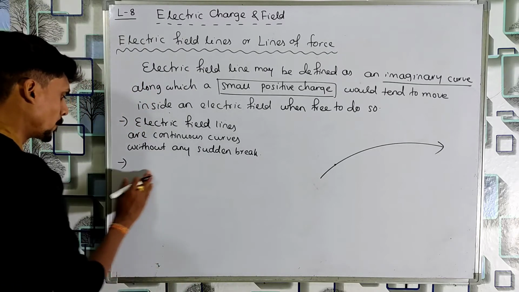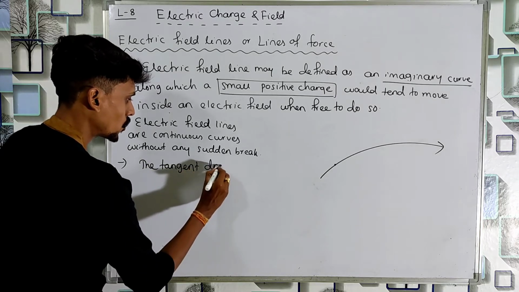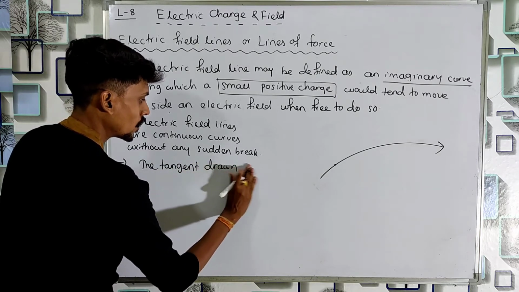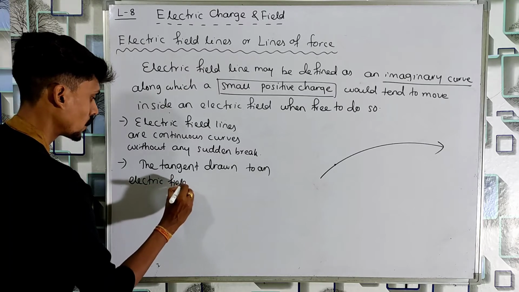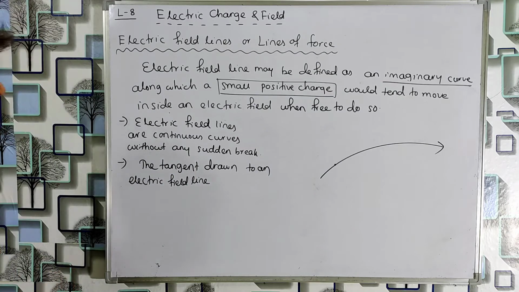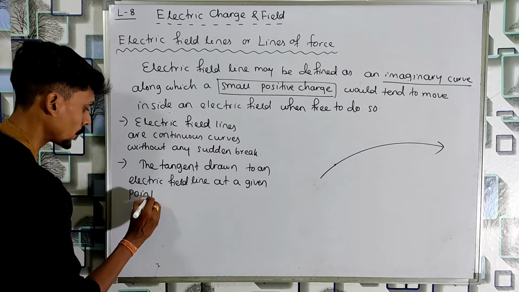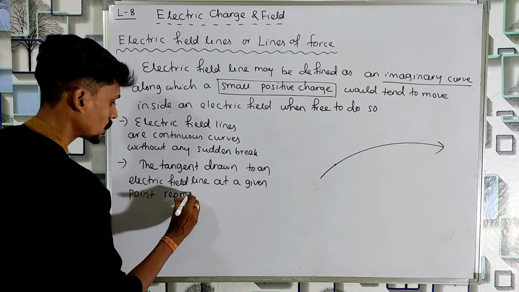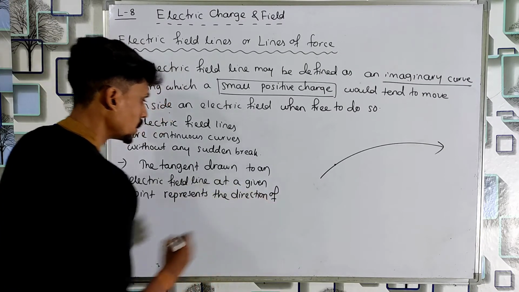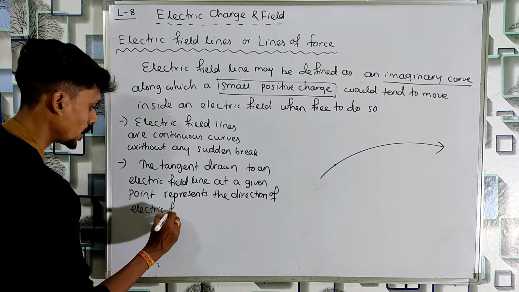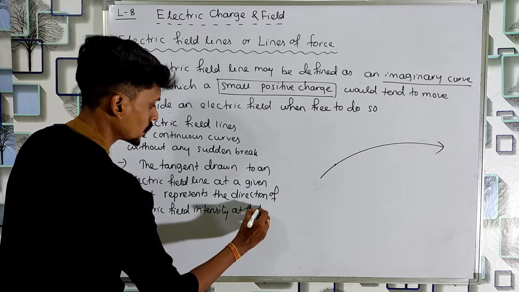So the point is, the tangent drawn to an electric field line at a given point represents the direction of electric field intensity at that point.